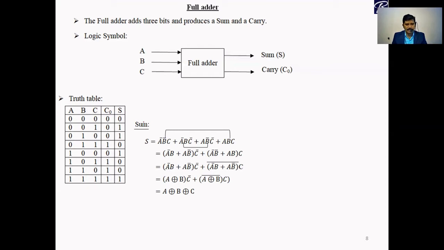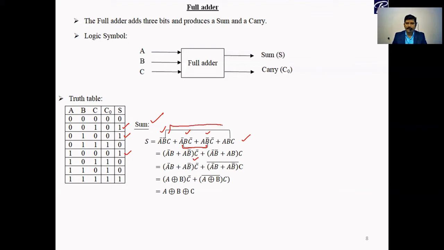Let us solve for the expression. This one is A bar B bar C. And this one is A bar B C bar. And this one is A B bar C bar. And the last one is A B C. In the first two terms, the common term is C bar.